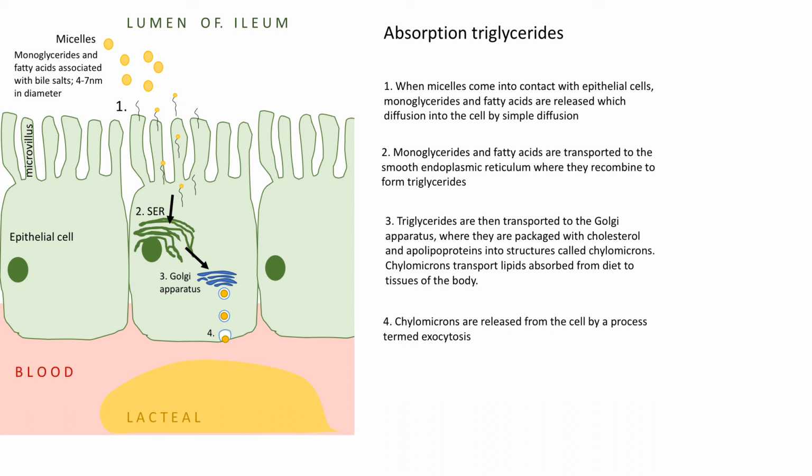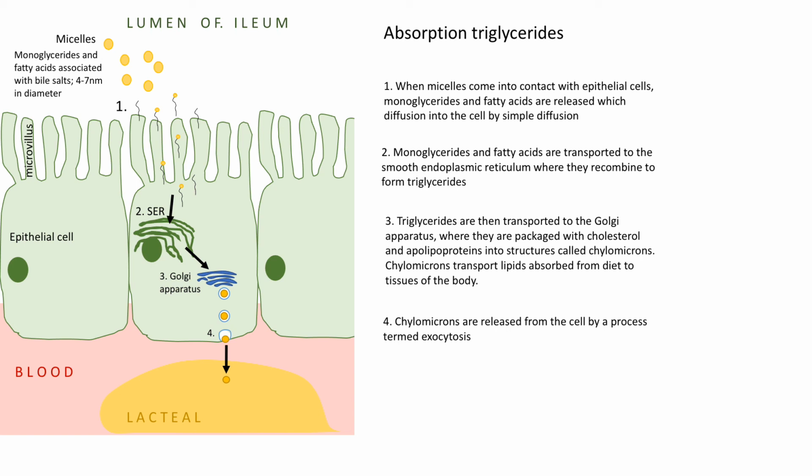And then from there, those chylomicrons make their way into a lacteal of the lymphatic system. So they move into the lymph, and from there, they move through the lymphatic vessels and drain back into the blood at the thoracic duct in the neck. So that's where they reach the blood.